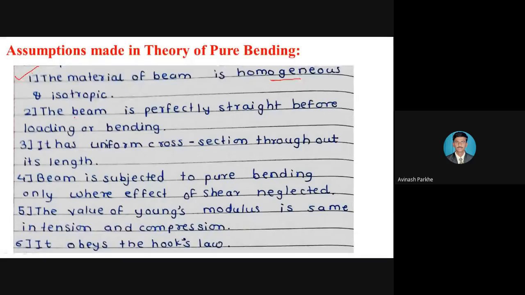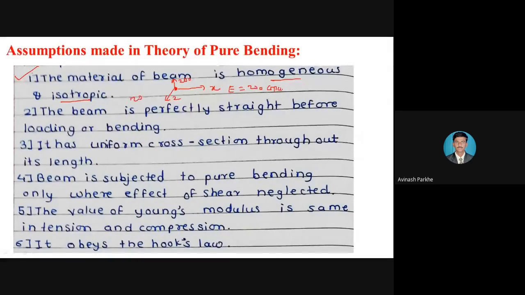Isotropic means the material property of that particular beam will be same in all directions. For example, this is one point. Here I am considering three directions. X direction is there, Y direction is there, and Z direction is there. In all the three directions, if material property is same, for example, E in X direction 200 gigapascal, E in Y direction again 200, E in Z direction again 200.